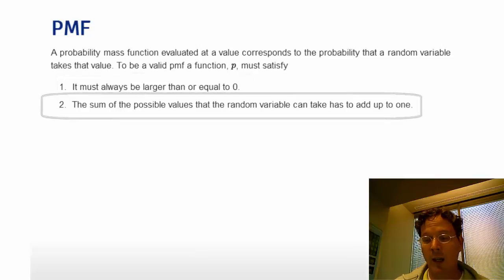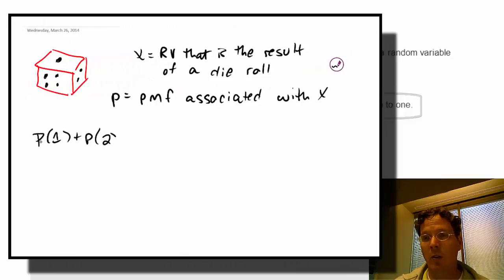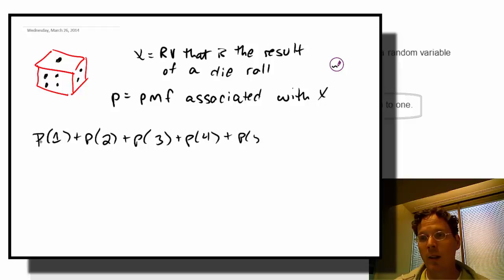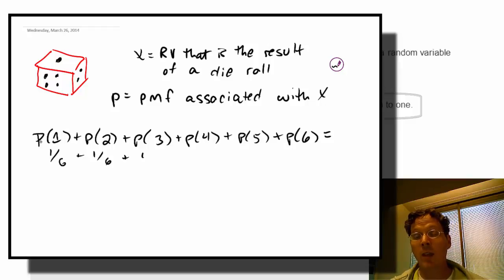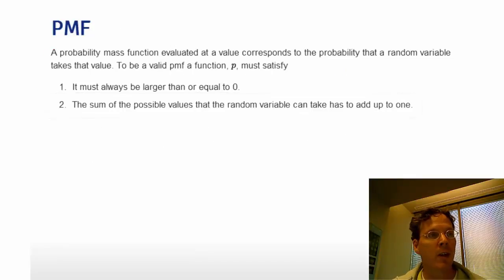Just like if I add up the probability a die takes the value 1, plus the probability that it takes the value 2, plus the probability that it takes the value 3, plus the value it takes 4, 5, and 6, that has to add up to 1. Otherwise, the probability of something happening, right, that the die takes one of the possible values, would not add up to 1, which would violate one of our basic tenets of probability.